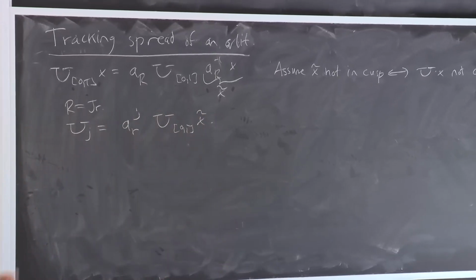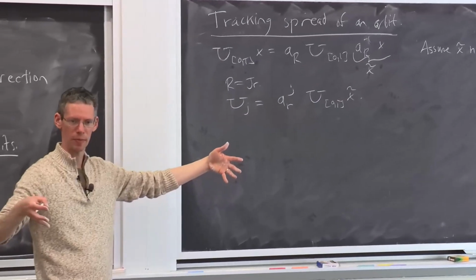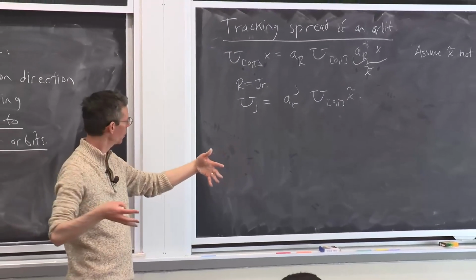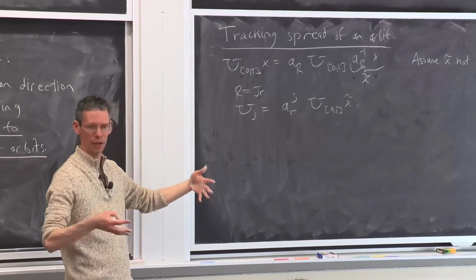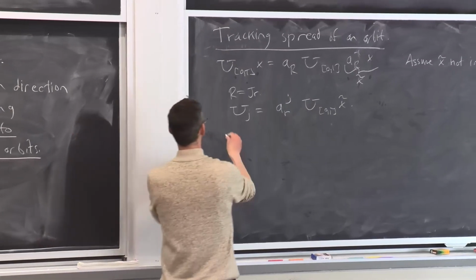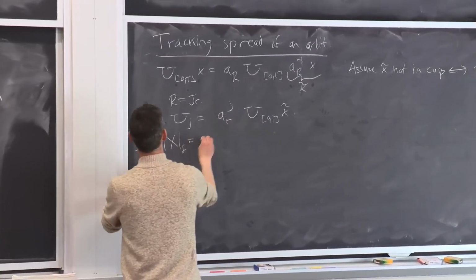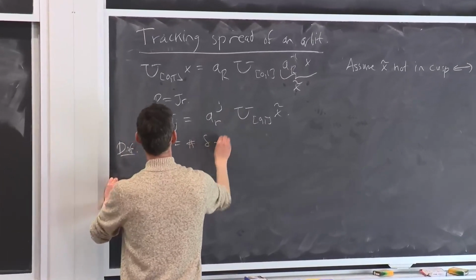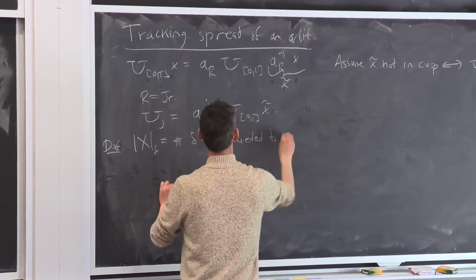OK. And I want to track how this thing is spreading out through my homogeneous space, G mod gamma. And we're going to track it by noticing how many delta balls it takes to cover it. So recall that x delta is the minimum number of delta balls needed to cover x.